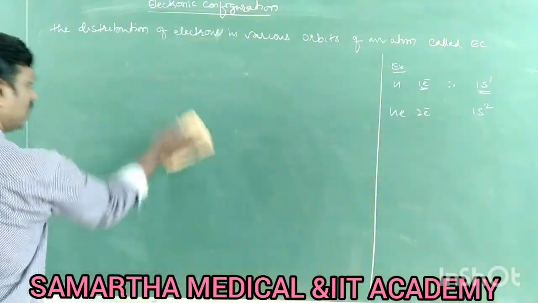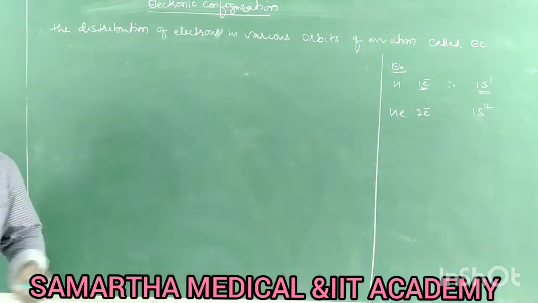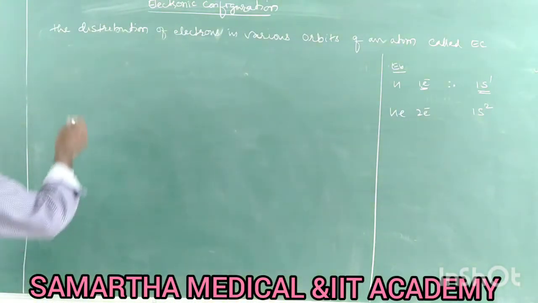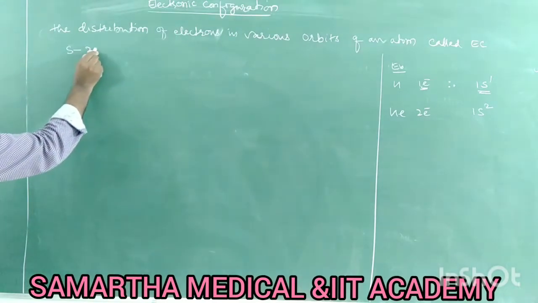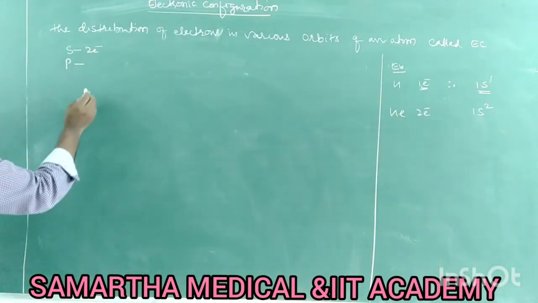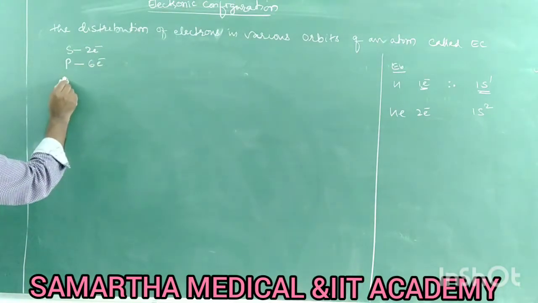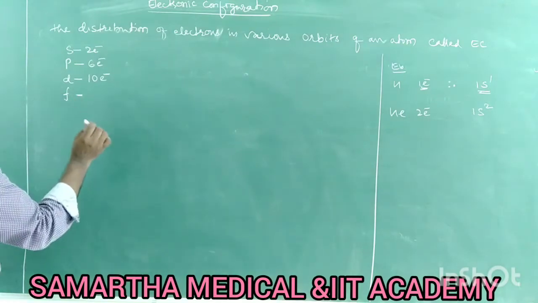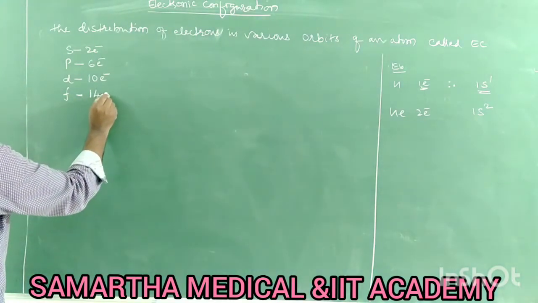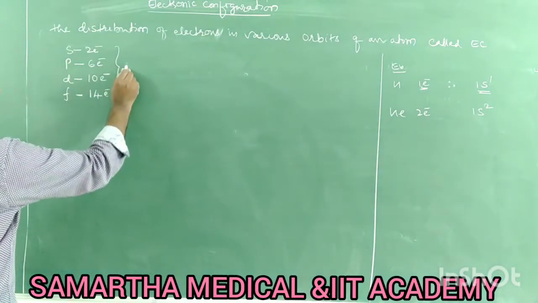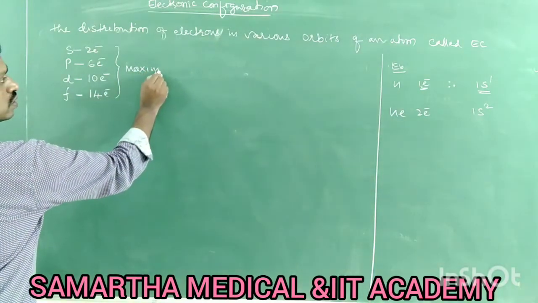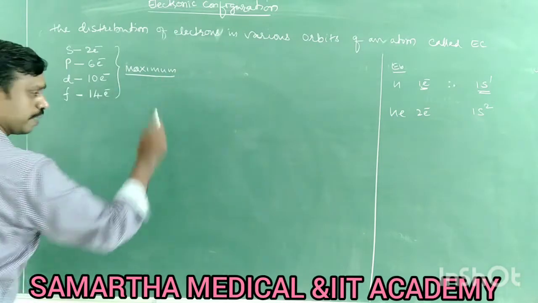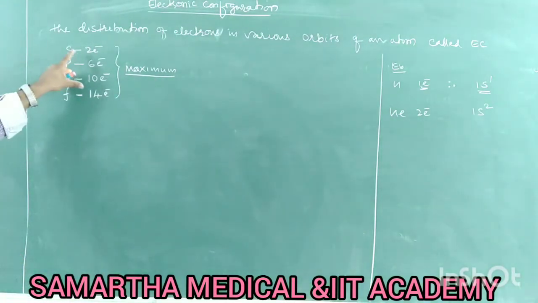It may accommodate 1, or it may accommodate the maximum of 2. A p orbital can accommodate a maximum of 6 electrons. A d orbital can accommodate a maximum of 10 electrons, and an f orbital can accommodate a maximum of 14 electrons. So this is the maximum capacity. The s orbital can accommodate a maximum of 2 electrons, but it can accommodate 1 also.